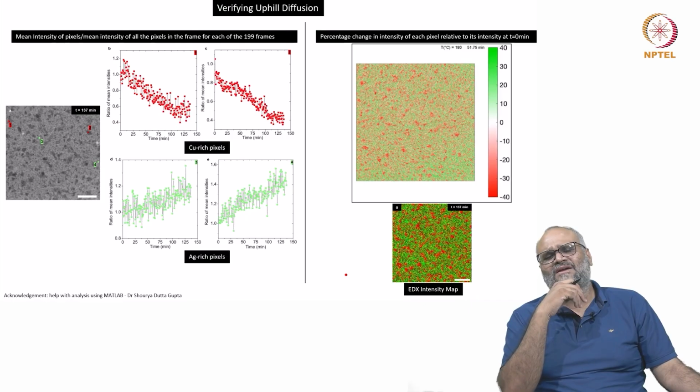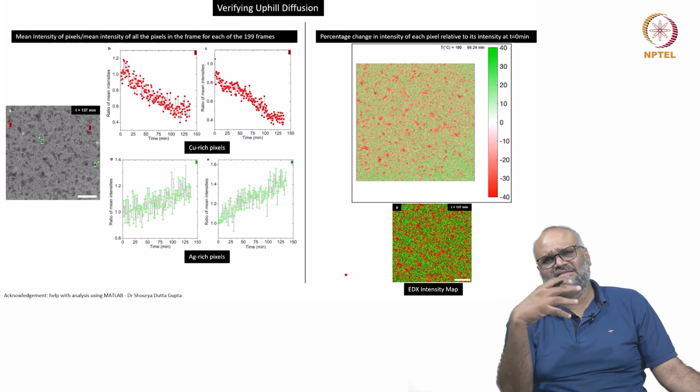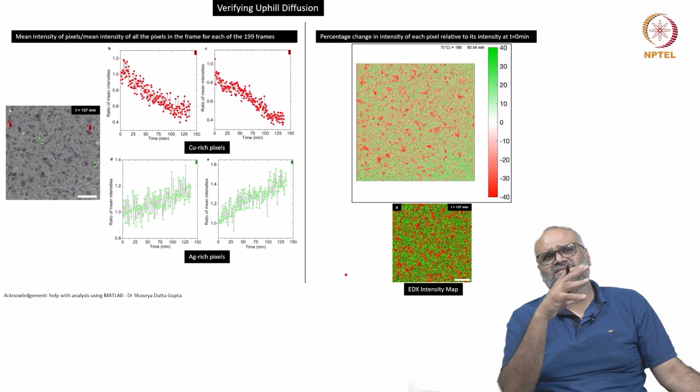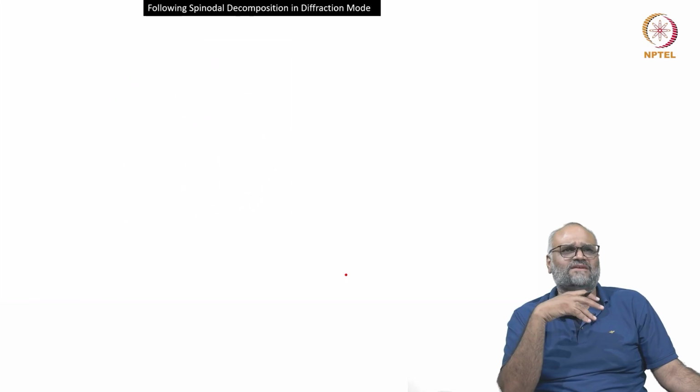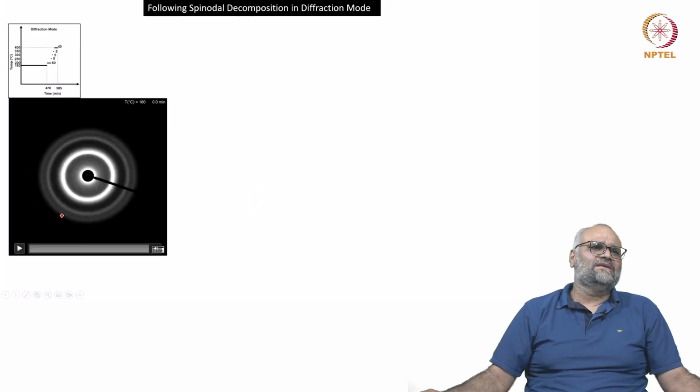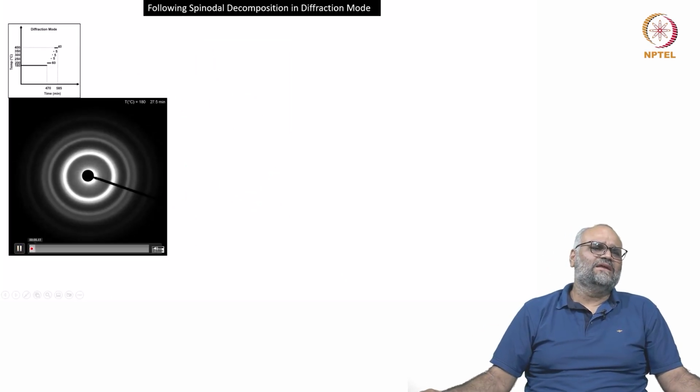decomposition. And we also try to follow these same within the temperature ranges mentioned here in diffraction mode. And as you can see, once you start heating at around 180, after some time there is some change and some of these spots start appearing, and I think at about 140 minutes onwards you see some spots already start appearing.